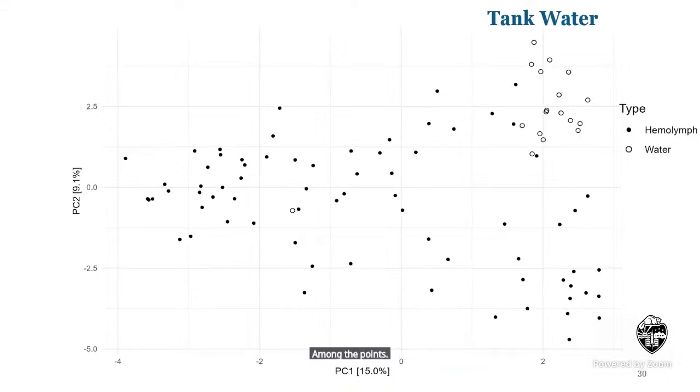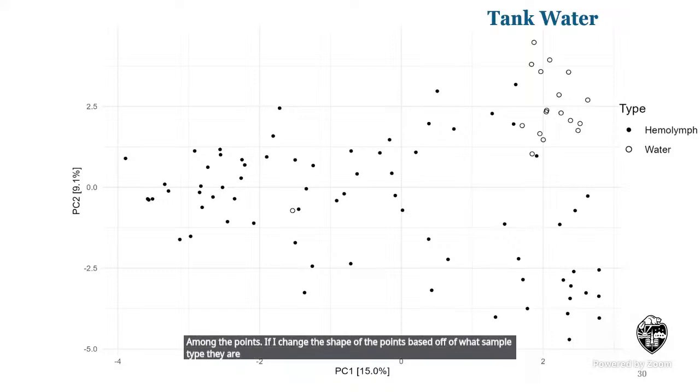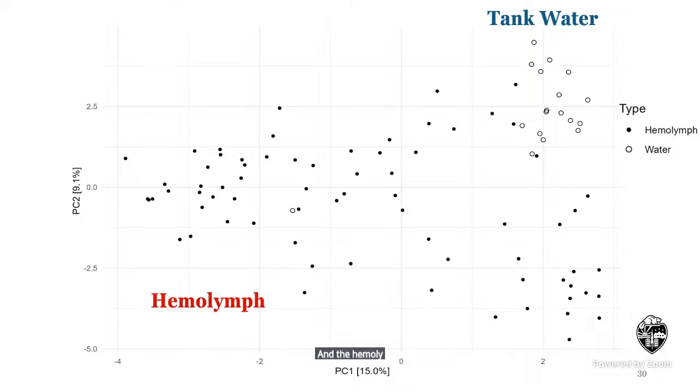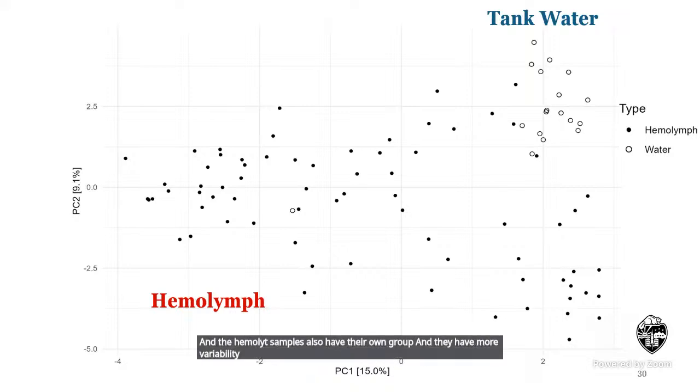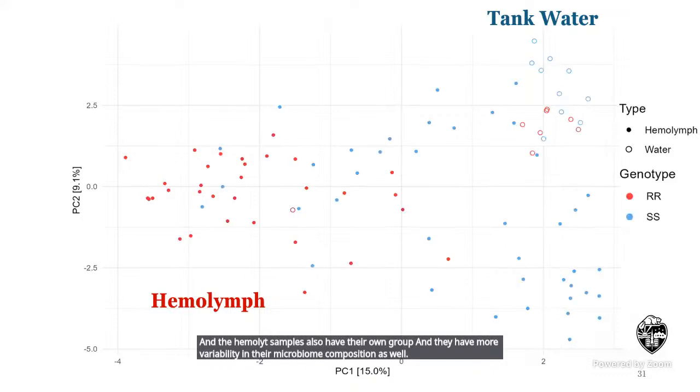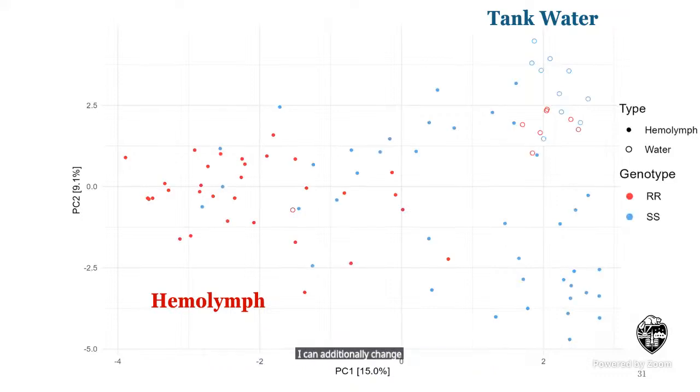And if I change the shape of the points based off of what sample type they are, we can see that the tank water forms a clear group in the upper right. And the hemolymph samples also have their own group. They have more variability in their microbiome composition as well. I can additionally change the color of the points to reflect their PTC2 genotype so that we can make comparisons across the RR and the SS PTC2 genotypes.